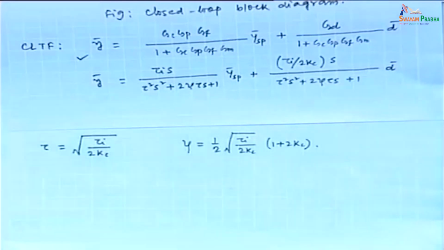You see, both tau and zeta are functions of kc and tau y. Fine.